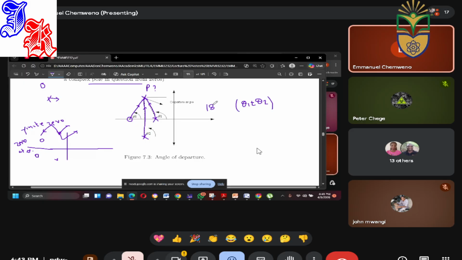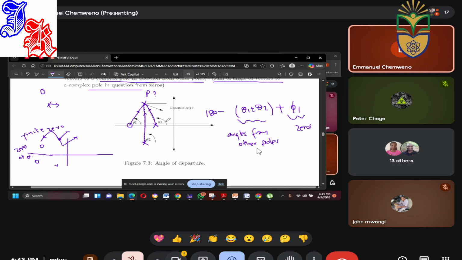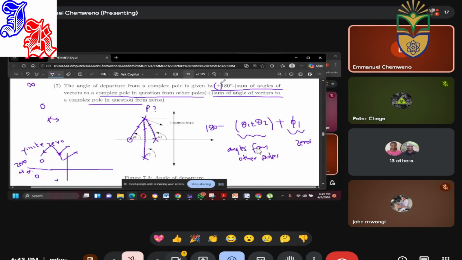So 180 minus theta 1 plus theta 2 plus phi 1, angles from other poles and from zeros. One 180, which may be plus or minus the sum of angles from vectors to other poles, which is this, plus that sum of phi.